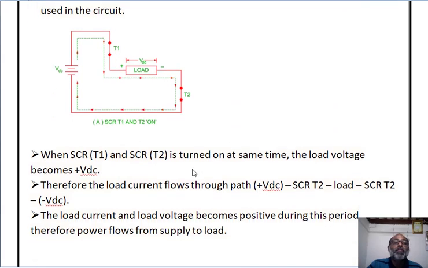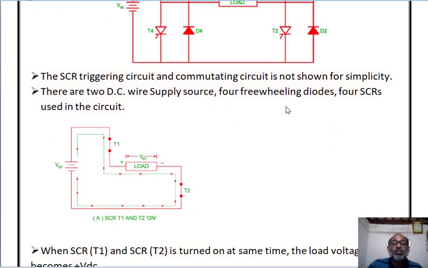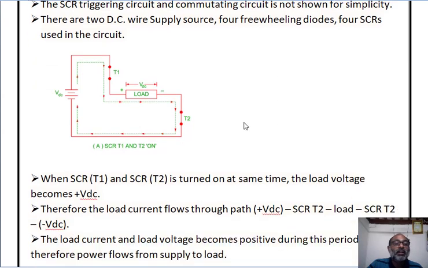Now let me see when SCR T1 and T2 are turned on at the same time, that means simultaneously. Here I can draw the circuit again when both T1 and T2 turn on. Due to this, the load voltage becomes plus VDC. So your input voltage appears across this load.